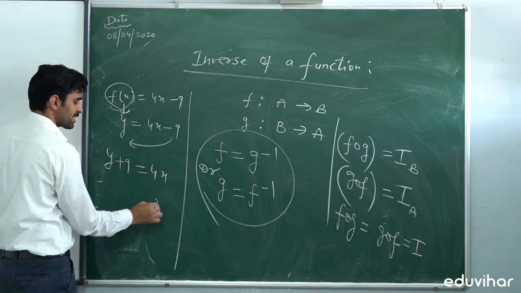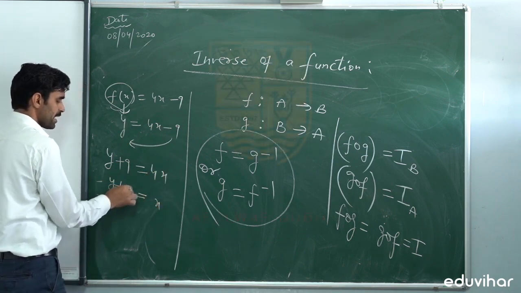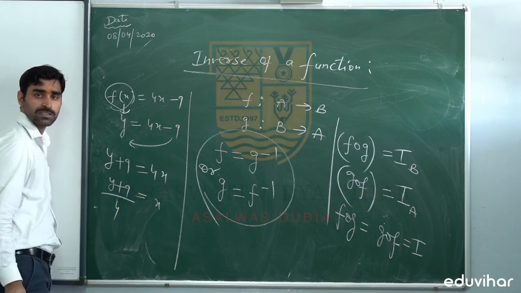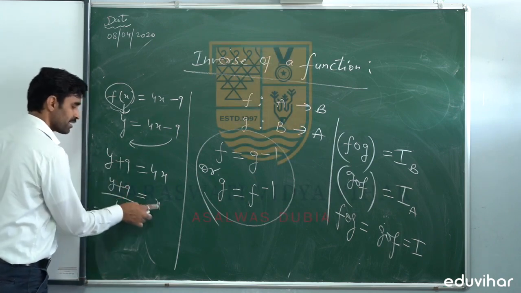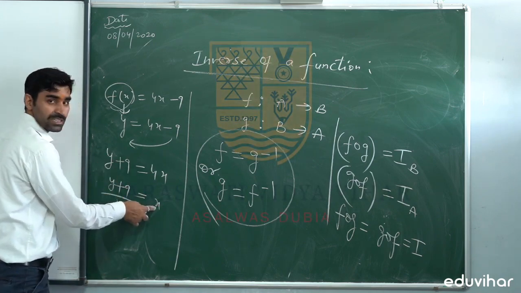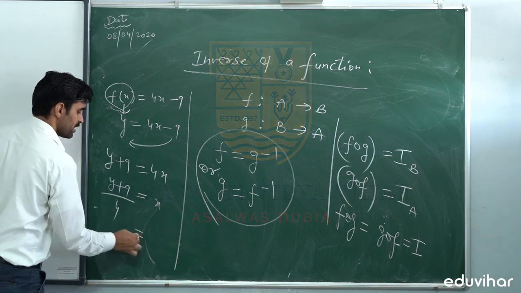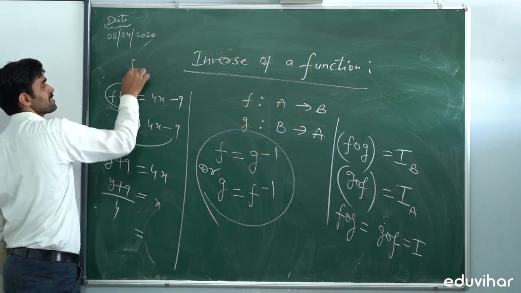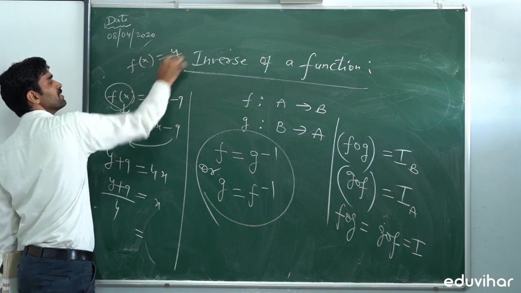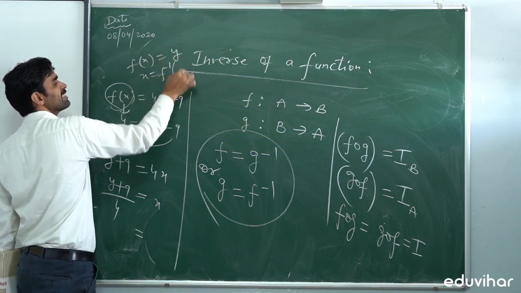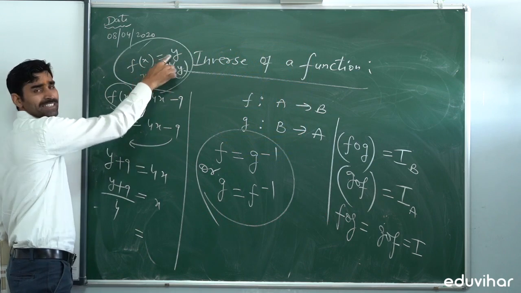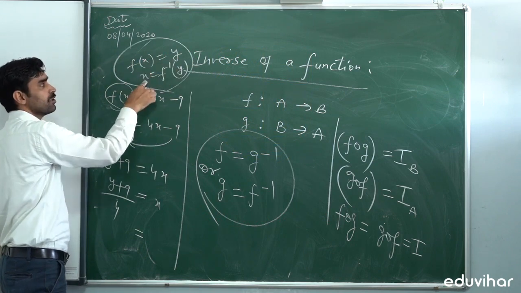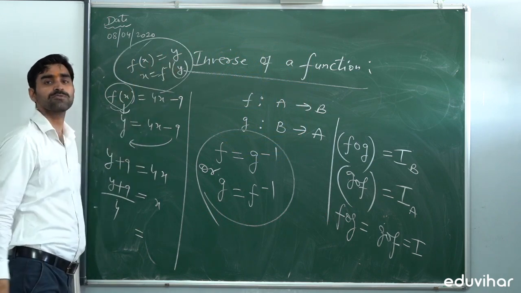You can say x equal to (y plus 9) upon 4. So here x की वैल्यू के रूप में y आपके पास है। x को क्या लिख सकते हैं? जब आपके पास f(x) equal to y, it means x equal to f inverse y.